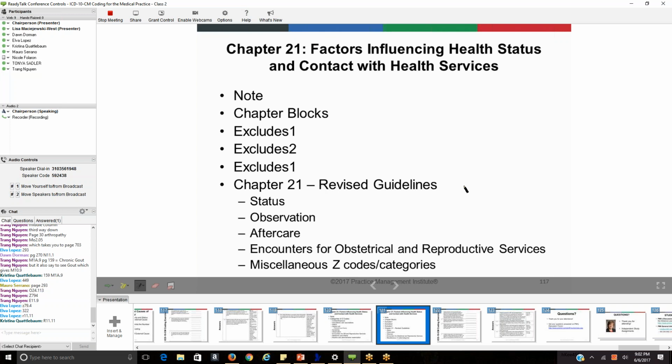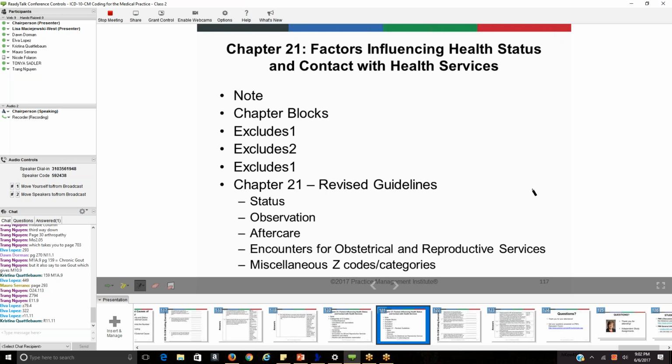General coding guidelines apply. The main thing with the Z codes is that they're only to be used for routine types of visits. If there are complications, and there is a Z code for a routine exam with complications, so if a complication is discovered, then you would code the Z code along with the complications. So those are just the main items from the Z codes that you would need to know about.